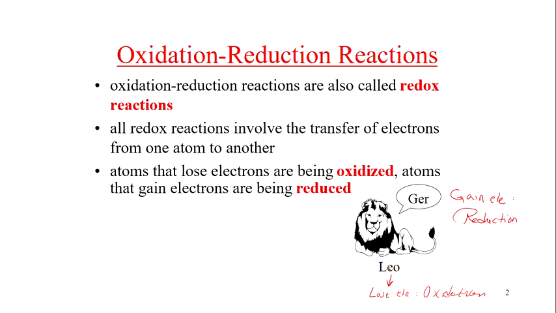The atoms that lose electrons, we say they are oxidized, and the atoms that gain electrons, we say they are reduced. If you memorize these 2 definitions, it helps you to answer the questions in this chapter. Atoms gain electrons, they are reduced, and atoms lose electrons, they are oxidized.